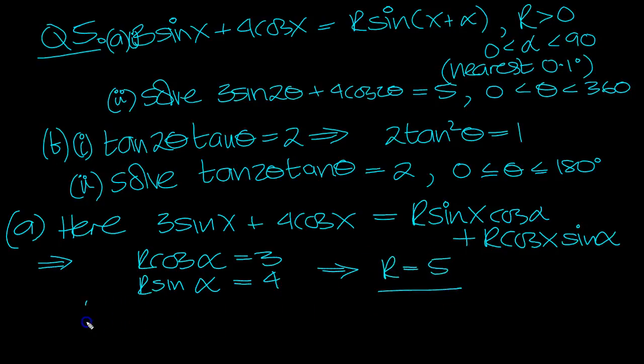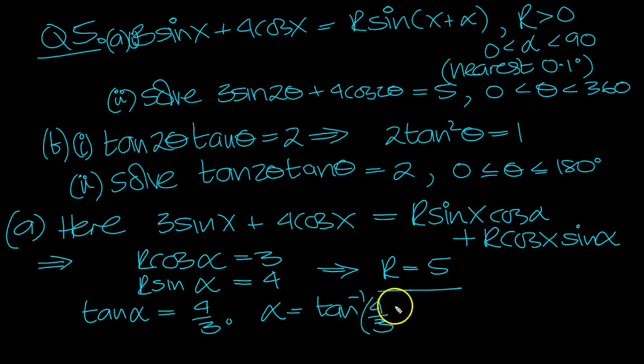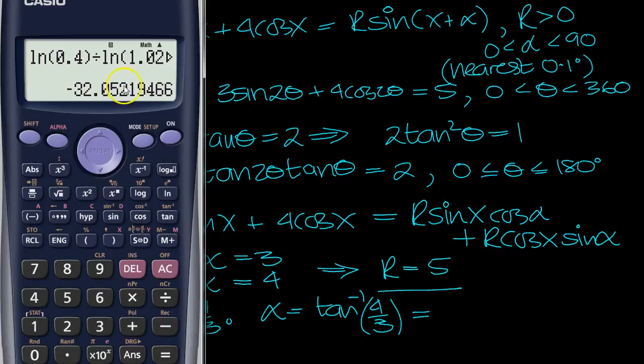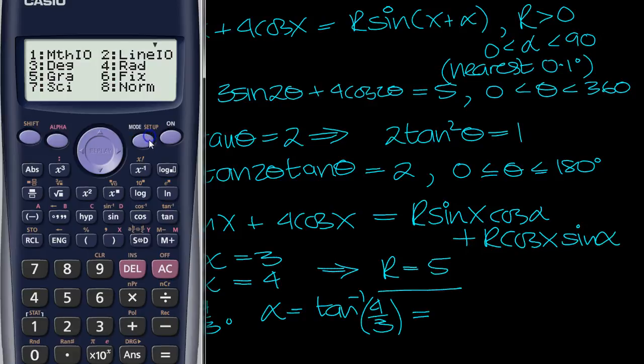And also tan alpha is equal to this over that, 4/3. So alpha is shift tan 4/3, and we need to be in degrees mode. Make sure we are.